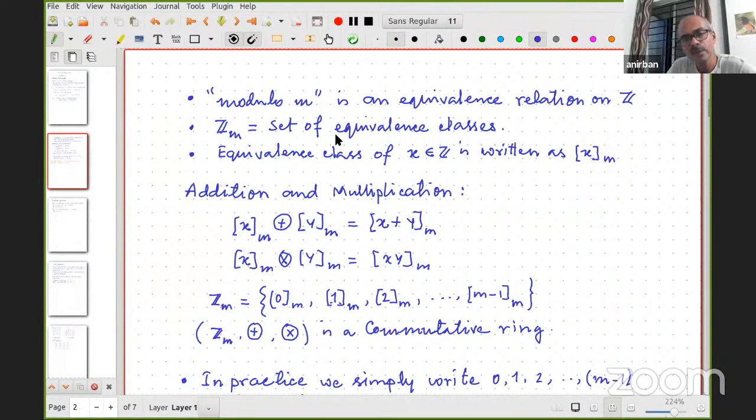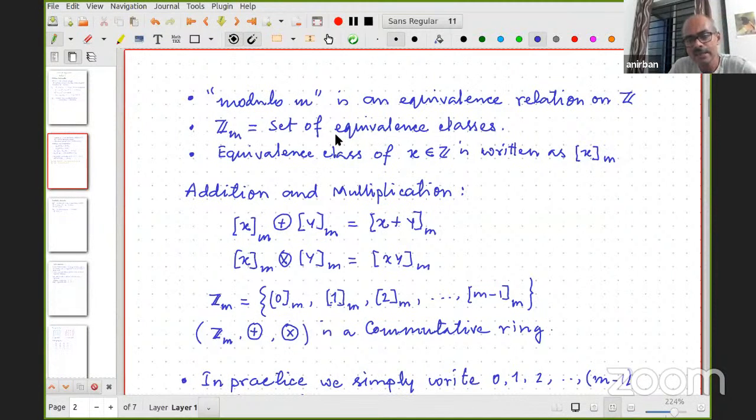This relation is an equivalence relation. So it is reflexive, transitive, and symmetric. And the set of equivalence classes, as you know, is denoted by Z_m.